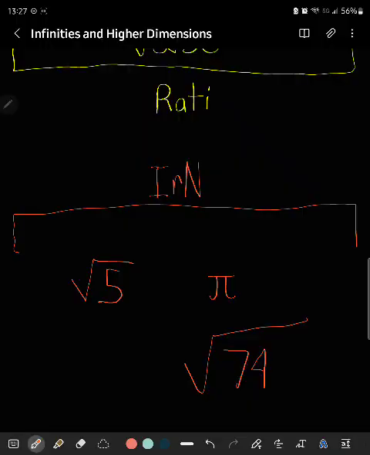However, what if I told you there's an infinity that's even bigger than this one? So perhaps some of you who already know this, and I'm confused as to why you're watching this video, know of what should encompass all of these real numbers.